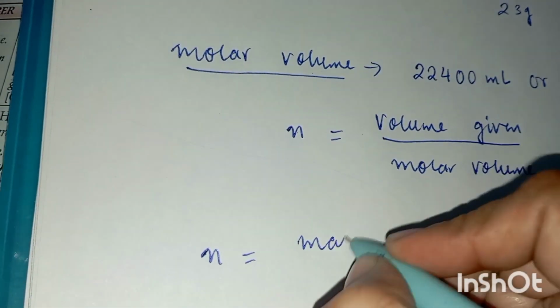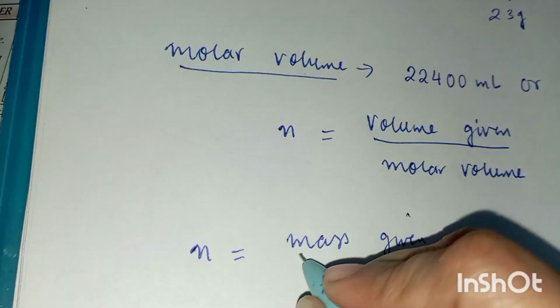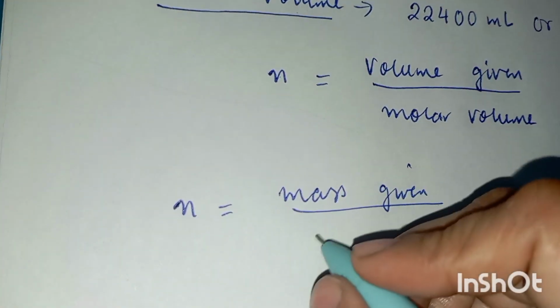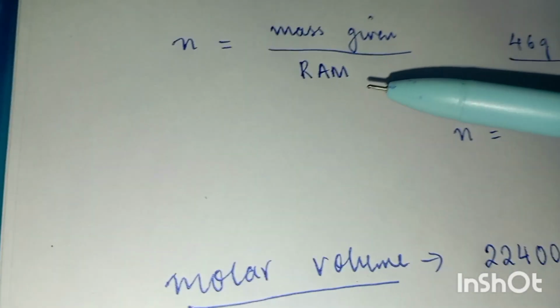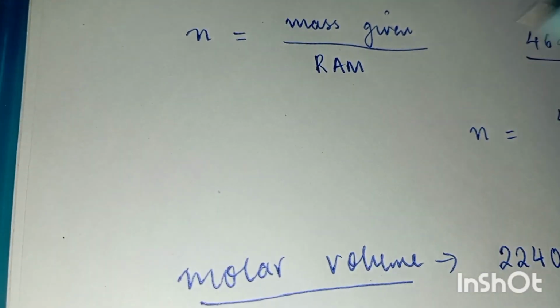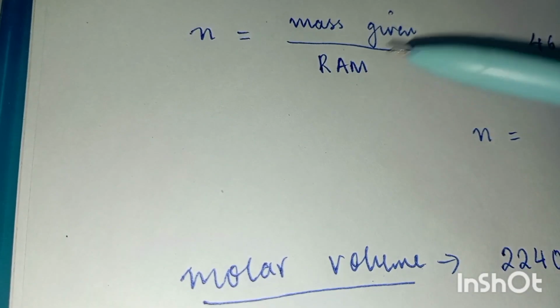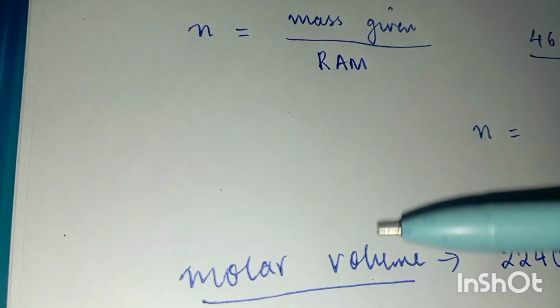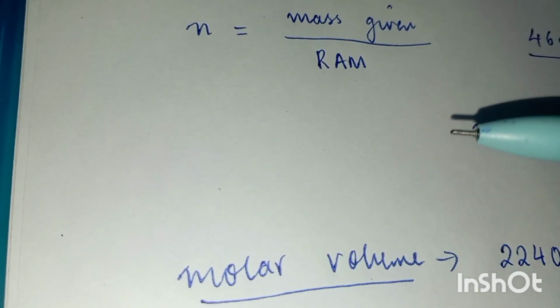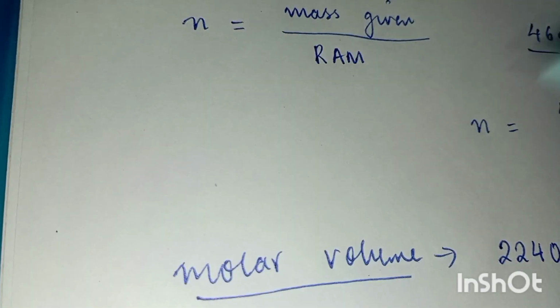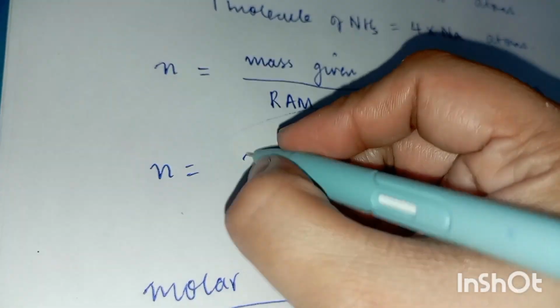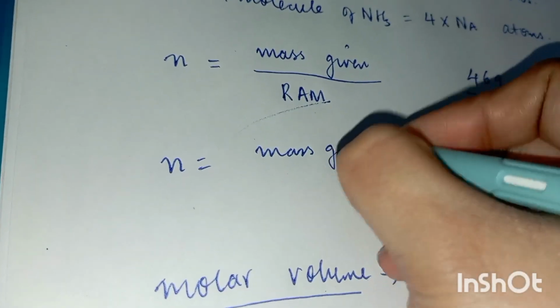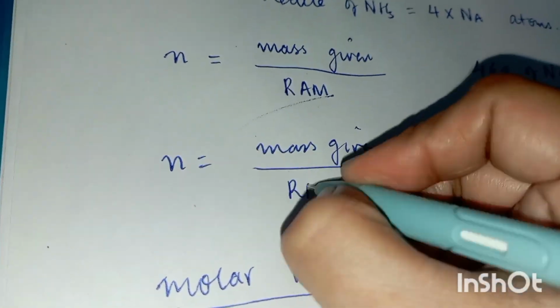Okay, so n is equivalent to mass given upon molar mass. In case of atoms, when you have to calculate the number of moles of atoms of any element, then you have to put this formula. In case of molecule, suppose you have to calculate the number of moles in 88 gram of carbon dioxide molecule. So n will be equivalent to mass given upon relative molecular mass.